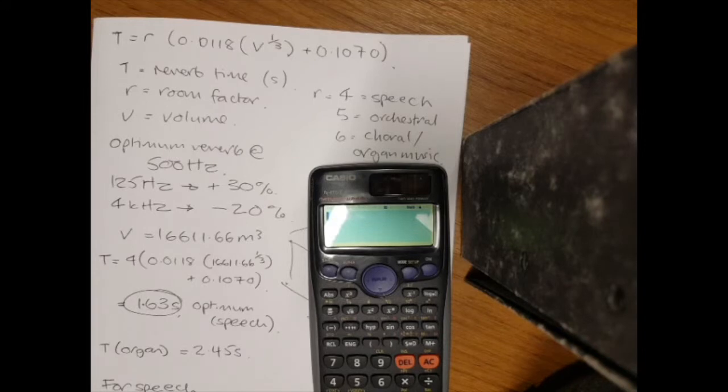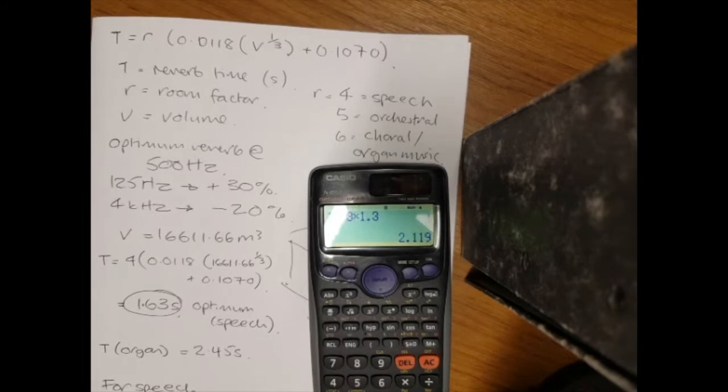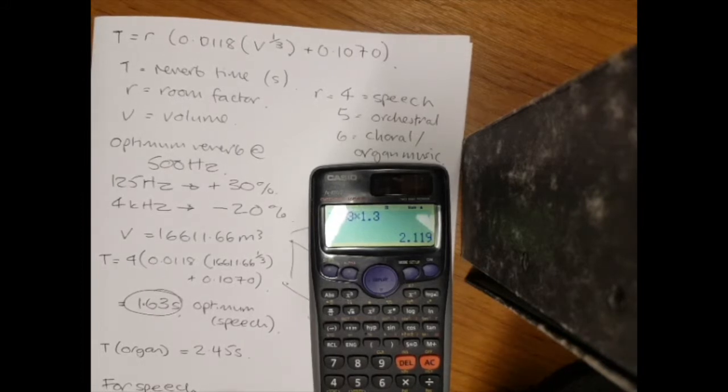Okay, so for 125, we're going to go 1.63 times 1.3, so we'll get 2.12. And for 4 kilohertz, we'll go 1.63 times 0.8.